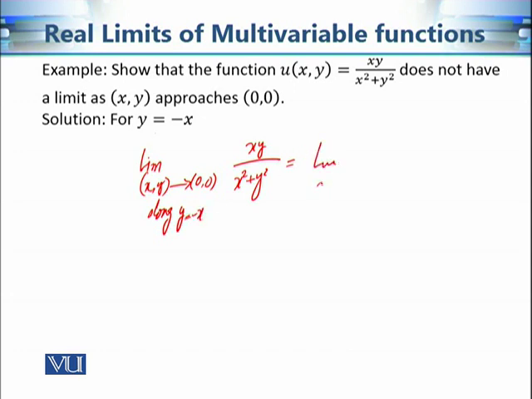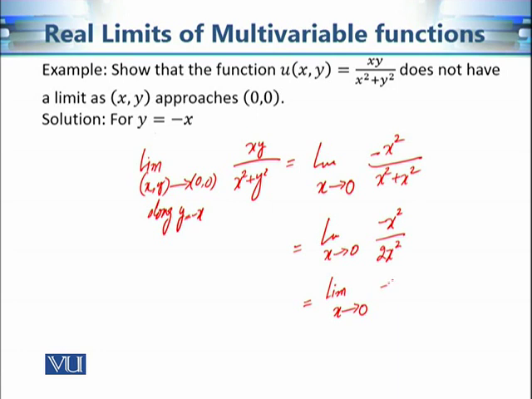Using the same observations we can say that it is equal to limit x approaches 0, and since y is equal to minus x, we get minus x square over x square plus y square, and y square is x square, so this becomes minus x square over 2x square. So once again we can cancel out, and the value of the limit in this case we can easily see is going to be minus 1 by 2.